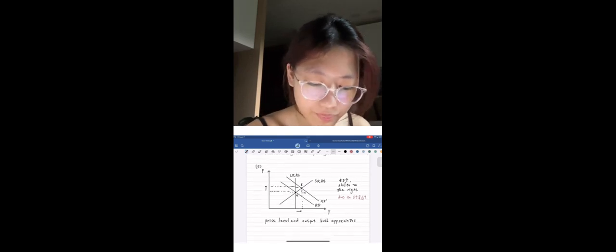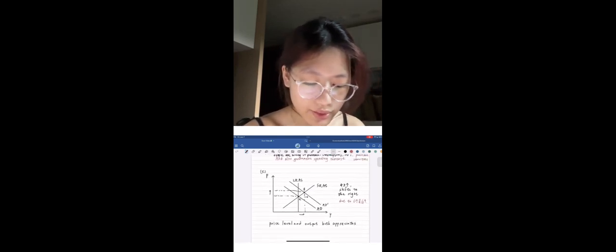So let's look at this. This is a diagram, and we can see that the aggregate demand rises. So the aggregate demand curve shifts to the right due to the rise of consumption and the government spending.